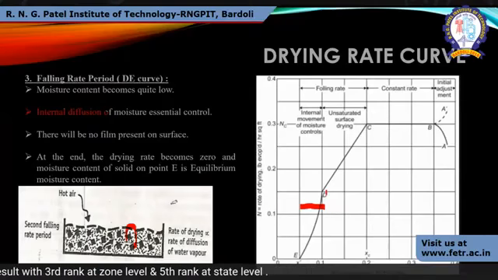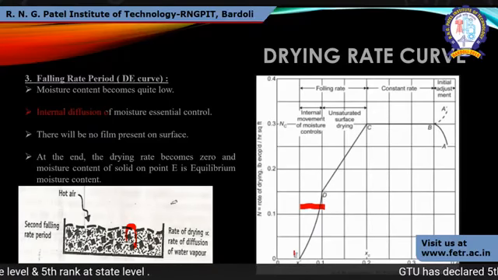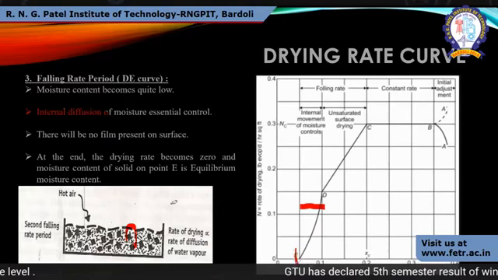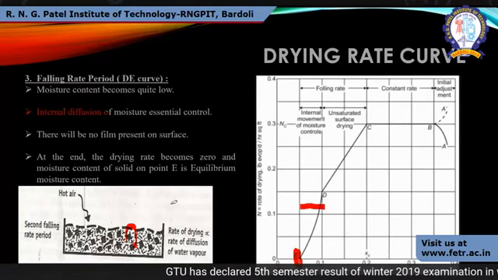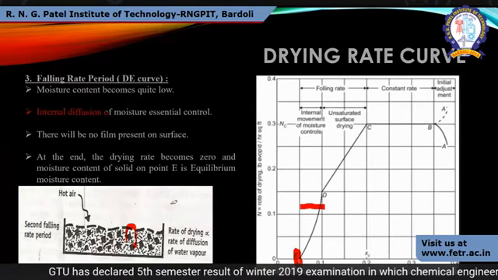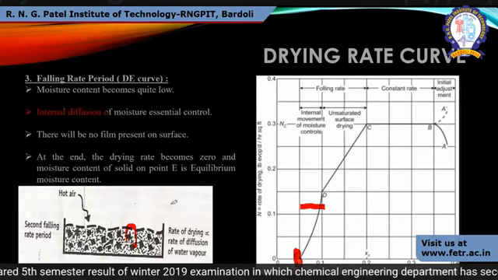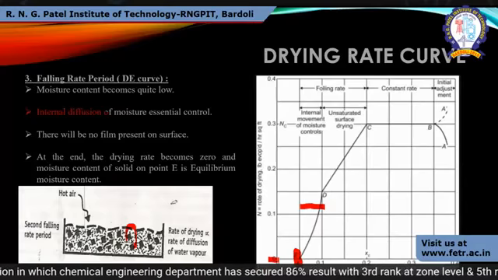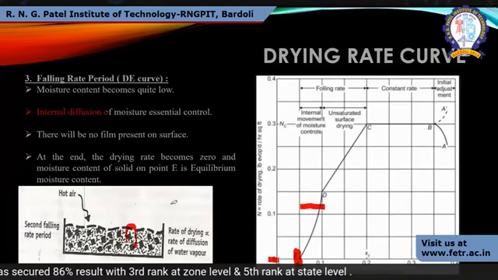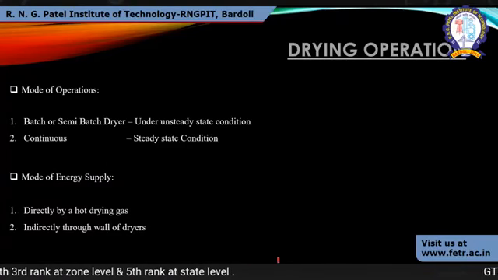So this will be internal movement of moisture, and we will reach point E, our equilibrium point. This becomes the end of drying. Here the rate becomes completely zero and there is no further drying. So this is our equilibrium moisture content, right?